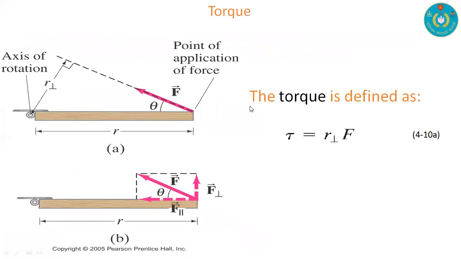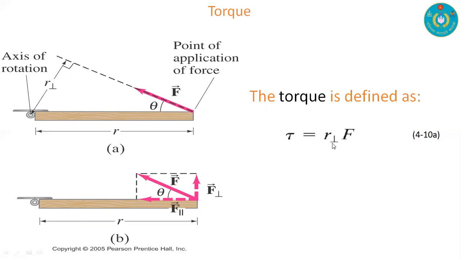For torque, if we apply the force at the point of application of force, and the angle is theta, and the distance is the perpendicular distance from the axis of rotation, then we can write for torque: the torque is equal to rF.